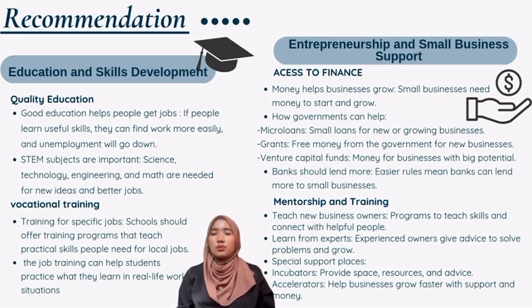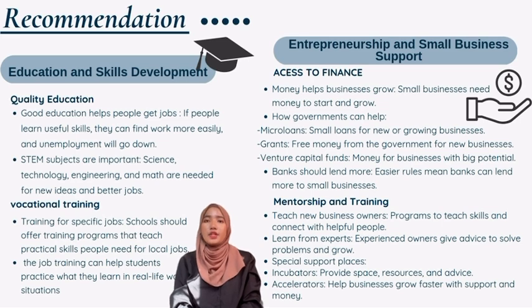Government needs to make sure students nowadays learn important subjects like STEM, which stands for science, technology, engineering, and maths. Then every school needs to offer training programs for specific jobs to make sure the training fits what businesses need. At the same time, students can learn how real-life work situations are.